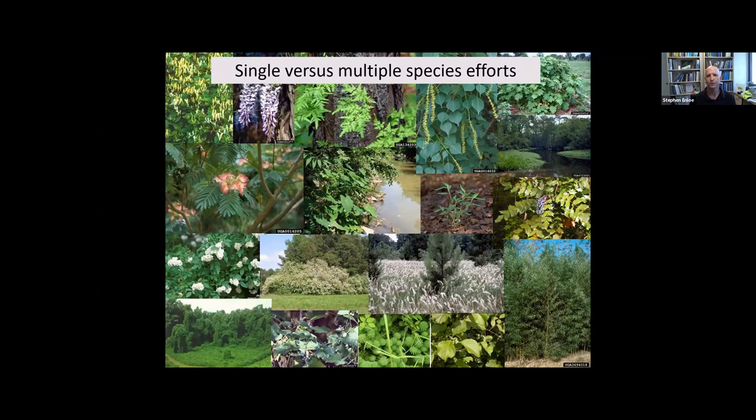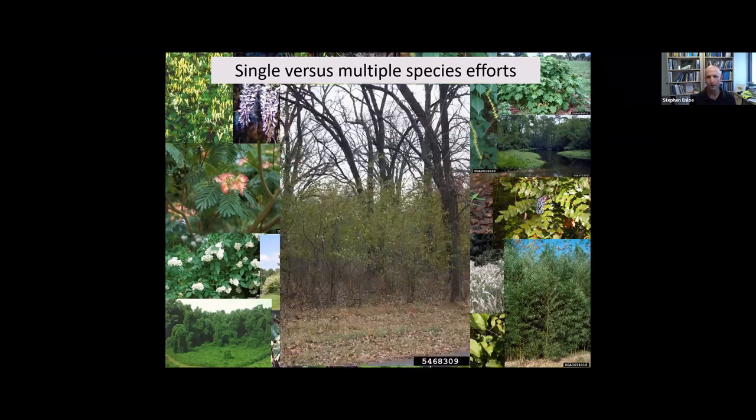Search images and search functions become more complex with the more species you're going after. There's a higher probability of misses the more species they're searching for. And so oftentimes we do simplify it down, and we can focus a lot of our work on single species layers, such as we have here in terms of buckthorn.